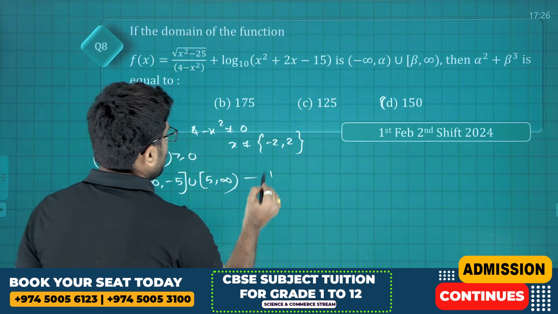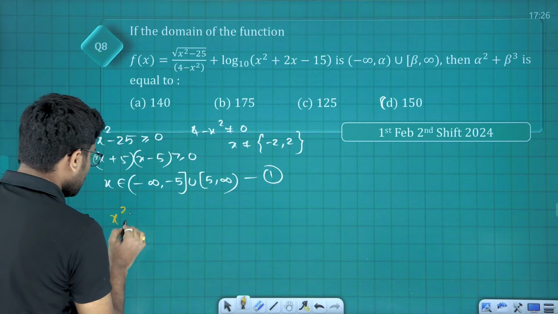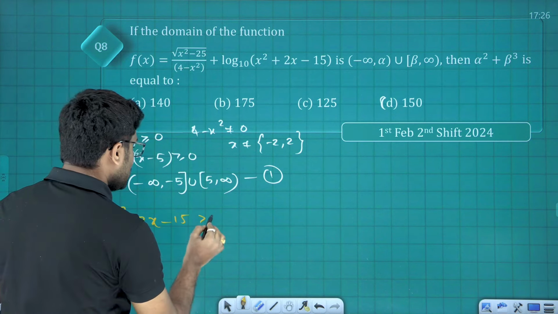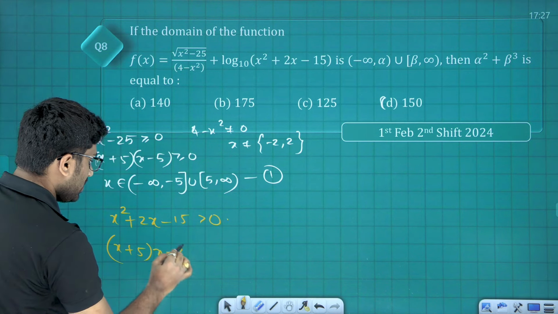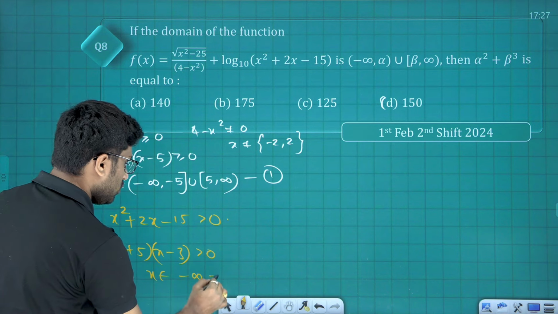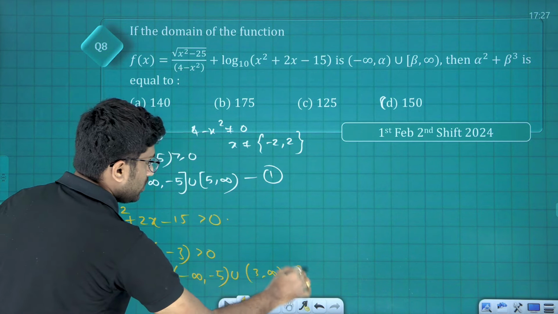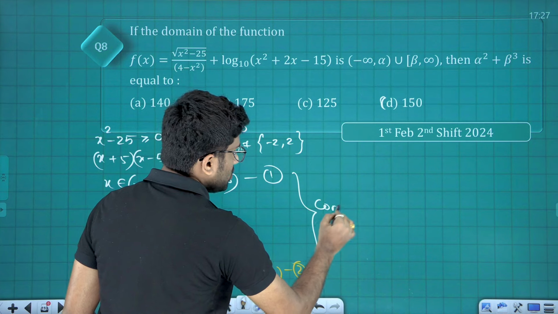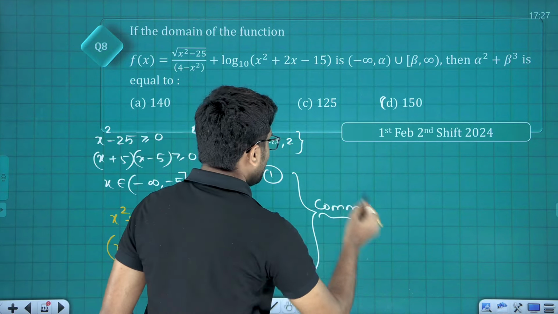Next, this is one equation. The second equation is x square plus 2x minus 15 should always be greater than 0. So we can write this as (x plus 5) into (x minus 3) greater than 0. So x belongs to minus infinity to minus 5 union open 3 to infinity. This is the second equation. Now taking the intersection of these two, the common region, our domain is the common region. So what will be the common region?